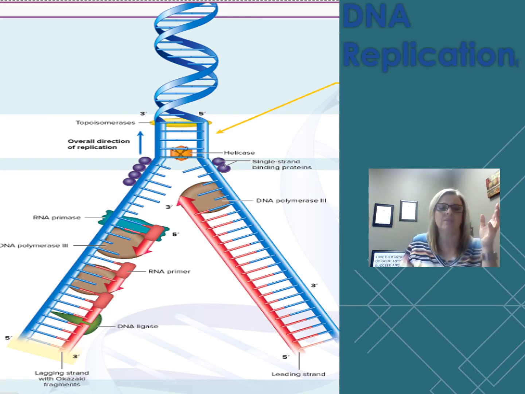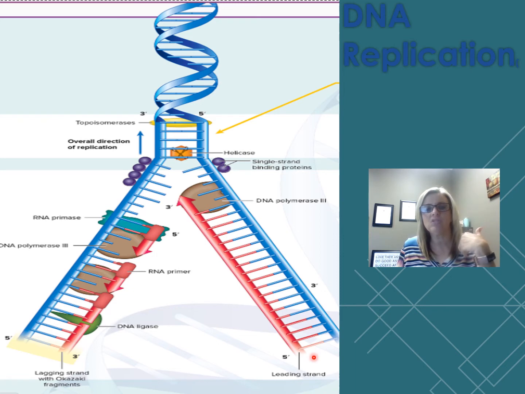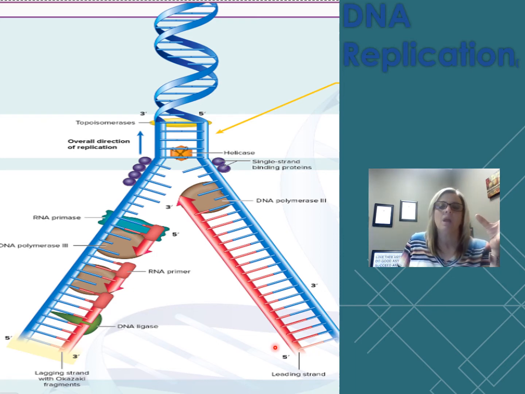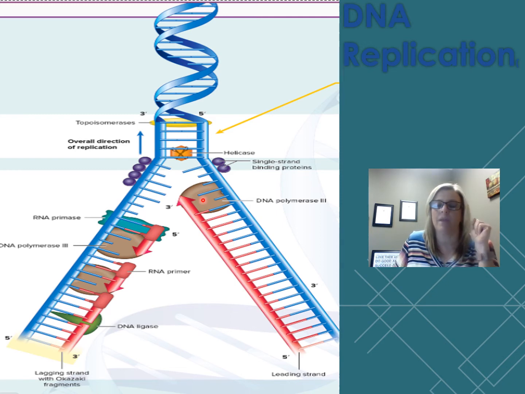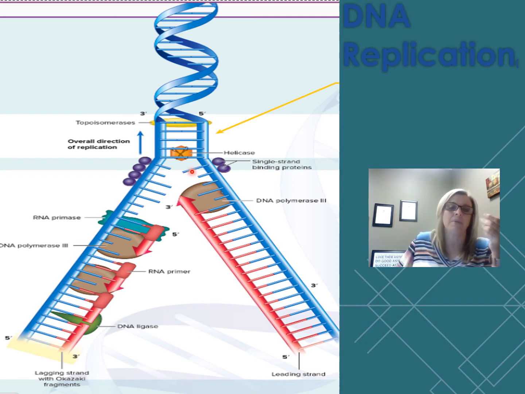Like for one, we have the leading strand and the lagging strand, okay? So the leading strand is going to be copied continuously. It's going to go in one direction and keep going, this way, 5' to 3', okay? At the same time, the lagging strand is going to be copied in this direction.